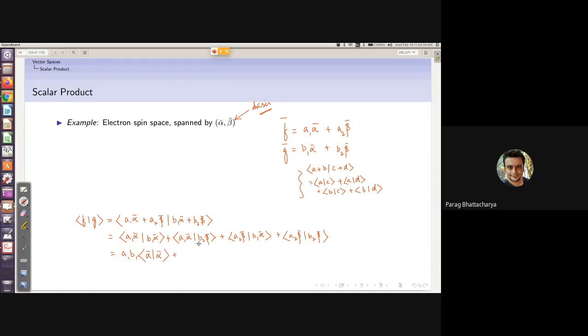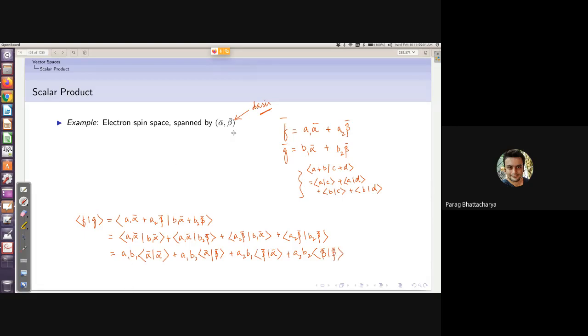Next we have A1 B2 times the scalar product of alpha and beta. Then A2 B1 times the scalar product of beta and alpha. And lastly A2 B2 times the scalar product of beta and beta.